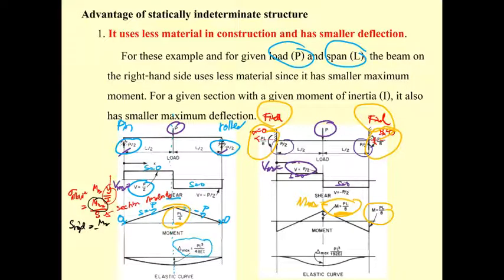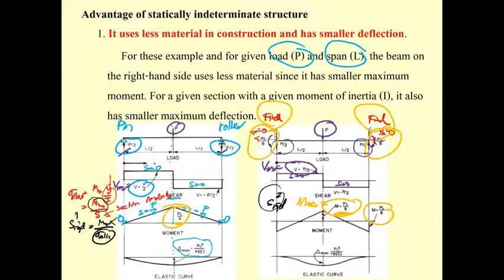So when the M max changes by a half, the S required is going to be M max divided by sigma allowed. Since sigma allowed is fixed and M max is reduced by half, the required S for this case is going to be a half of S1 here.